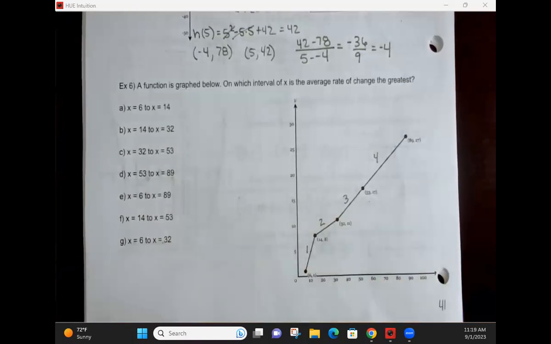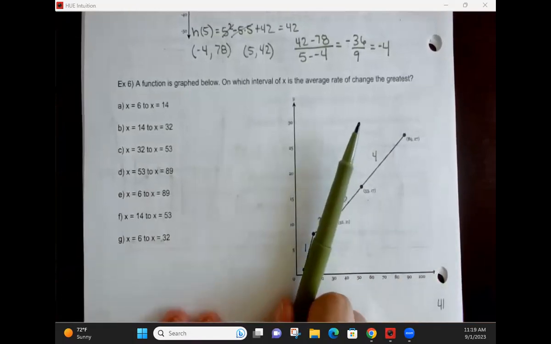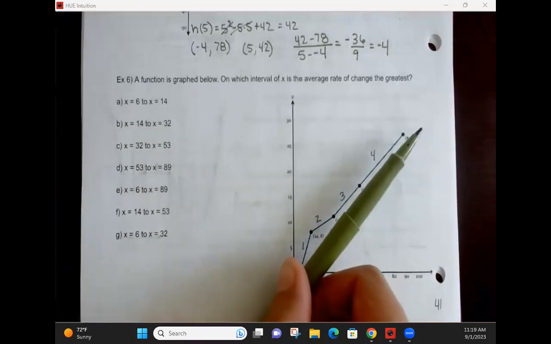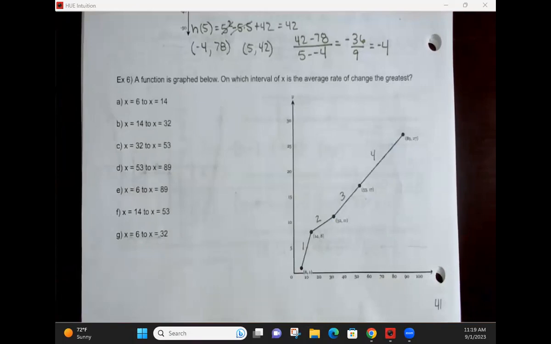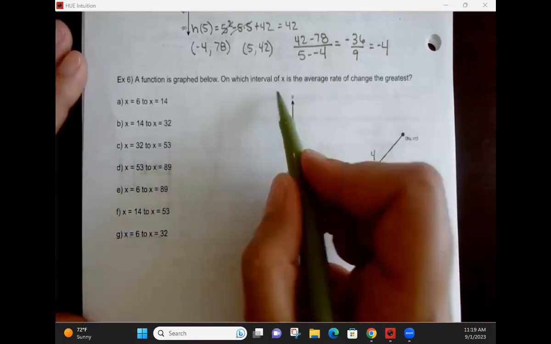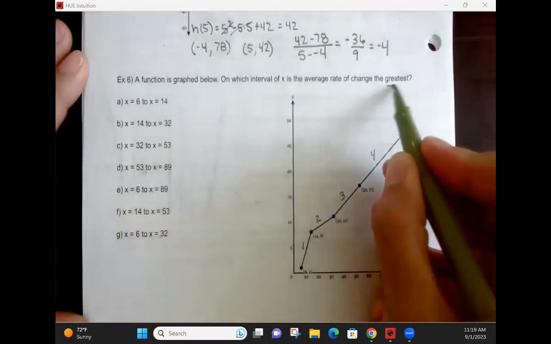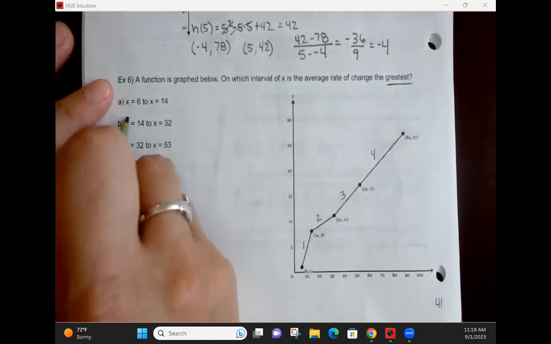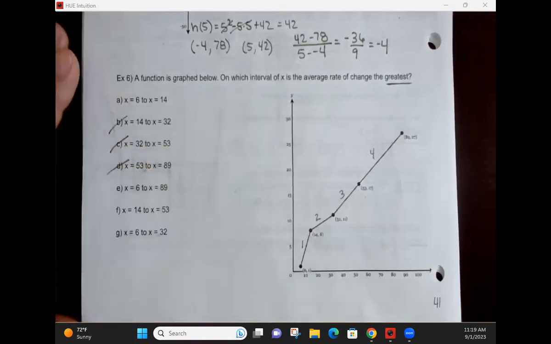Which of them has that greatest amount of change? 1, 2, 3, or 4? Which of these sections is the steepest? 1 is the steepest of these. So I'm looking for on which interval is the rate of change the greatest. So 1 is the steepest so far. That's A. So I'm going to get rid of B, C, and D.